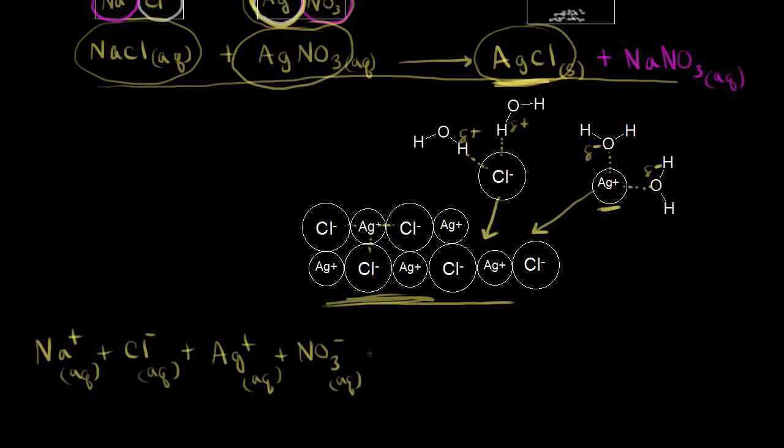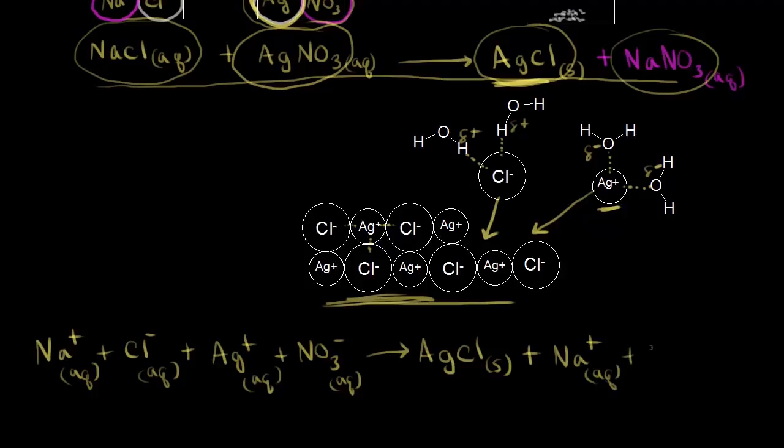And we saw a precipitate form, right? So we formed AgCl, which is our solid. So we write AgCl here, which is our precipitate. And then we also had sodium cations and nitrate anions. So we had sodium cations, Na+, and we had nitrate anions, NO3-.